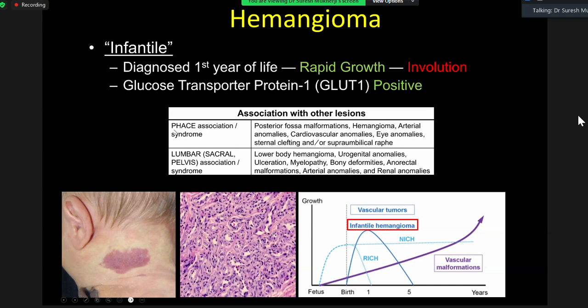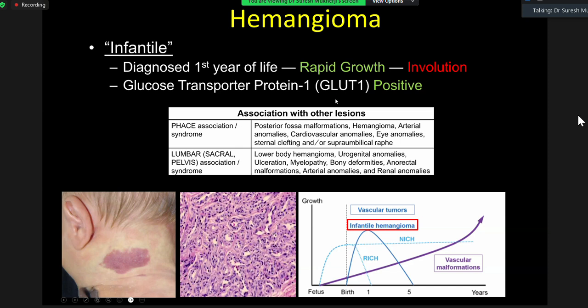We all know about the face-associated syndromes, which are things like posterior fossa malformations, cardiovascular anomalies, eye anomalies, etc. I can defer you to other talks of the ISSVA for more information on this. And there are also other malformations, as you see here, like the lumbosacral plexus association syndrome. So the bottom line is that with infantile hemangiomas, the majority of these are sporadic and idiopathic, but on the other hand, there are some that are associated with other lesions.